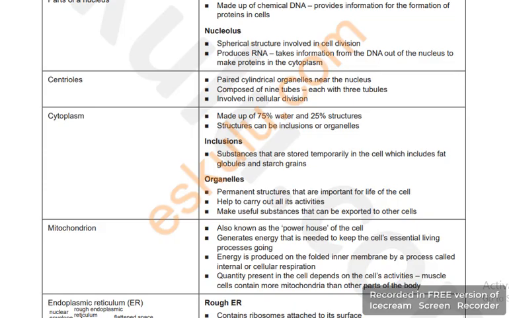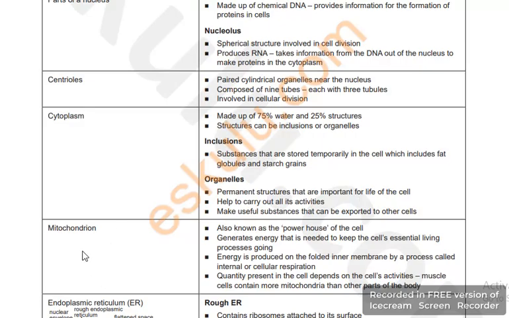For the inclusions, we are saying these are substances that are stored temporarily in the cell, which include the fat globules and the starch grains. Then we have also the organelles, which are permanent structures that are important for the life of the cell. They also help to carry out all its activities. They make useful substances that can be exported to other cells.